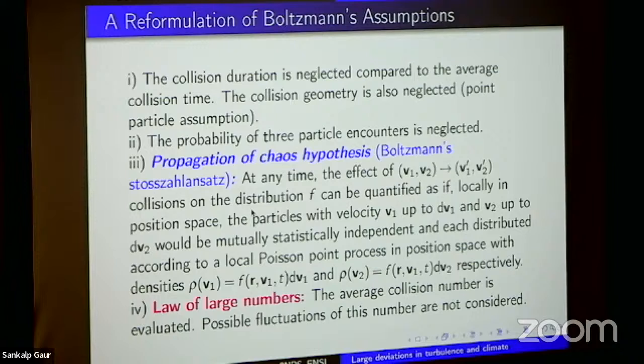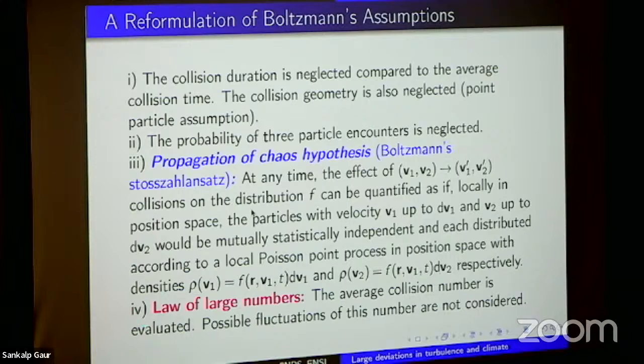It's a precise way to say that the particles just collide as if they were completely independent statistically. And the local probability for them to collide is just proportional to the local density. Okay, so this is called the chaos hypothesis, the fact that you can neglect the correlation between the particles.